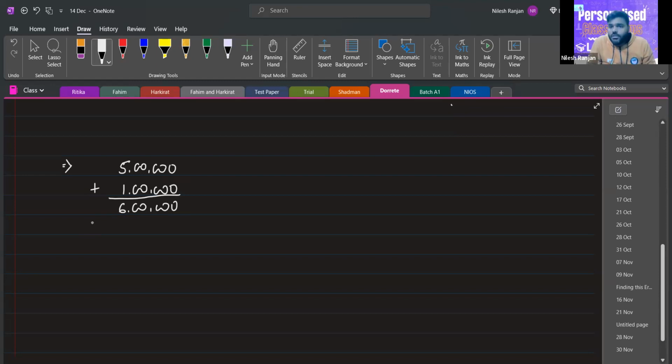You have earned a profit of 2 lakh, meaning you have received 2 lakh more. So this will be added to your capital again. So your capital now is 8 lakh. Yes or no?